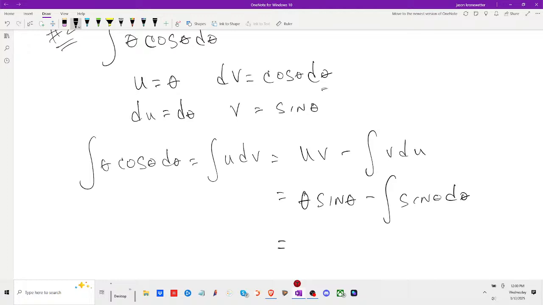And we can integrate that. This is theta sine theta minus the thing whose derivative is sine theta is cosine theta. Well, we have a minus sine theta, so it's plus cosine theta. The derivative of cosine theta is negative sine theta, plus a constant.